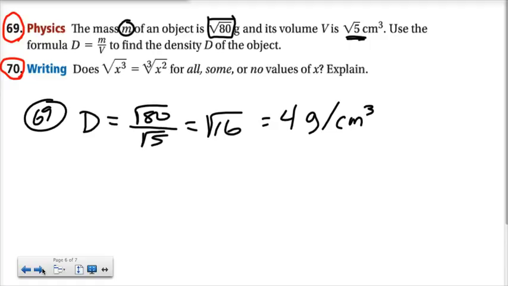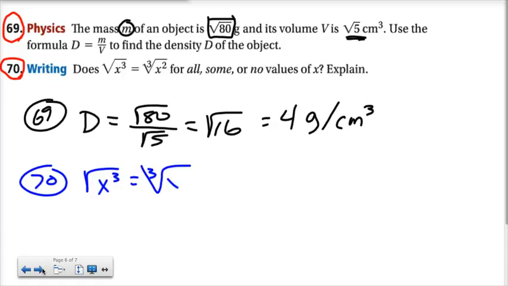Number 70, really interesting problem here. 70 is asking us if you take the square root of x to the third and figure out whether or not that equals the cubed root of x squared, which is kind of interesting when you think about it because it's saying index of 2, power of 3.